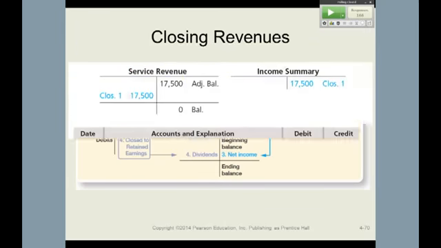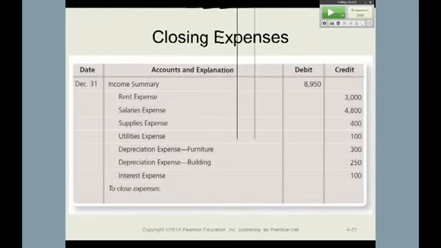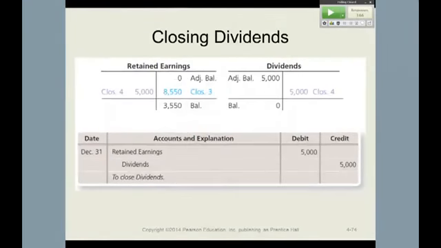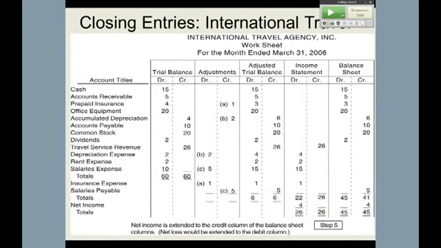Now, rather than use this example from the text, you could always go back to this one. I want to use our travel agency example. So I'm going to put this up on the doc cam for you, so I think it's easier to see.